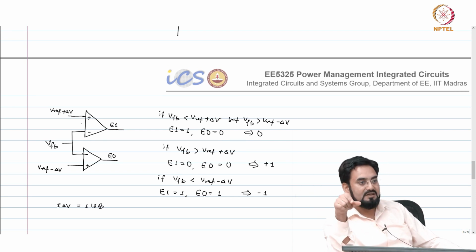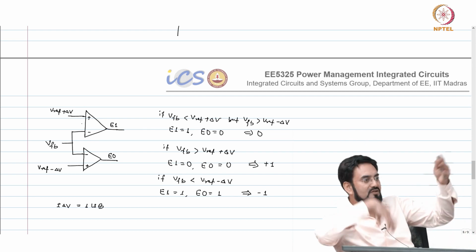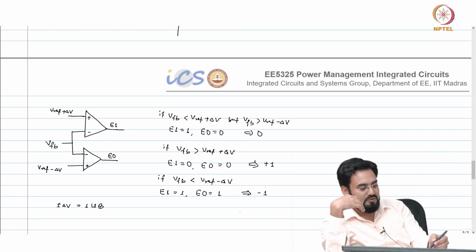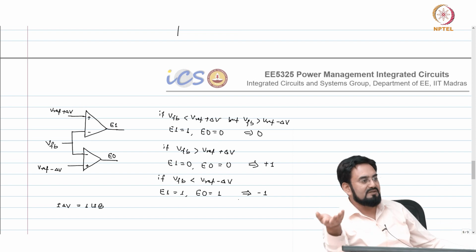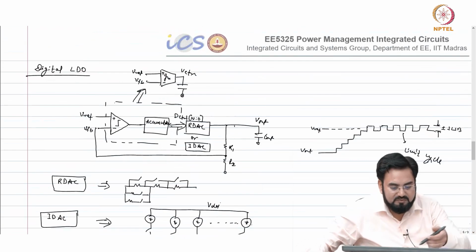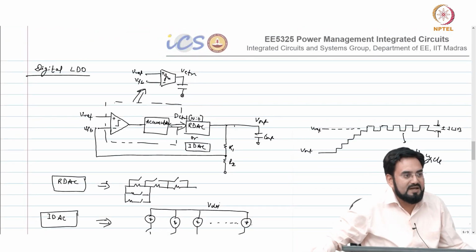then when it freezes, you will always get a 0. But if the resolution of RDAC or IDAC is less than this window, then it will always cross that boundary and your code will be jumping between 0 0 and 1 1, and you will get the same thing as with the single comparator.